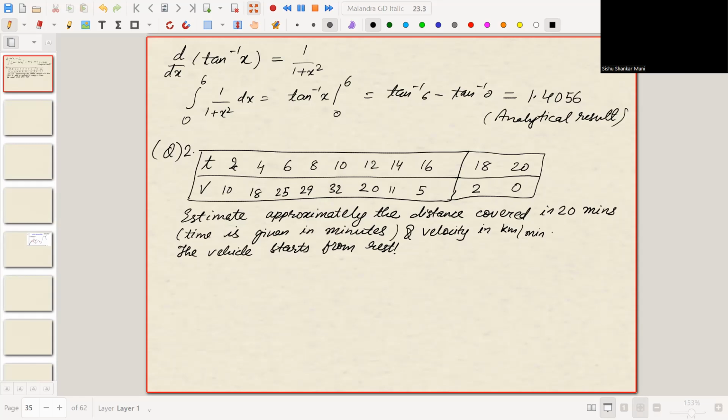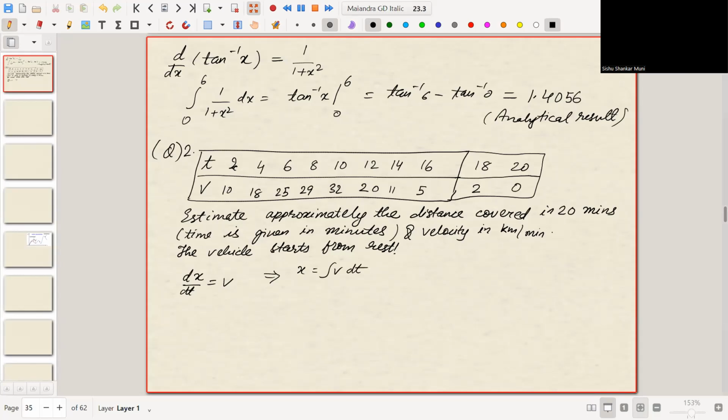Velocity is being given to you. So where is the catch? The catch is the rate of change of distance is velocity. Suppose x is your distance covered, then dx by dt equals the velocity. The question asks to find the distance, so what you have to do is integral v dt.